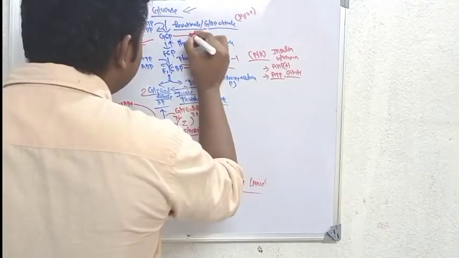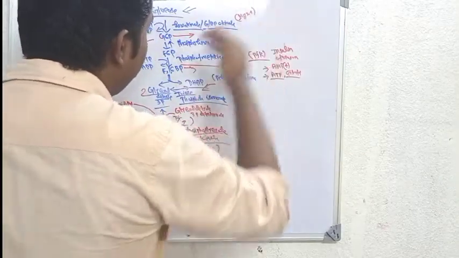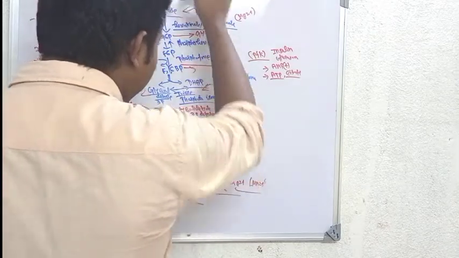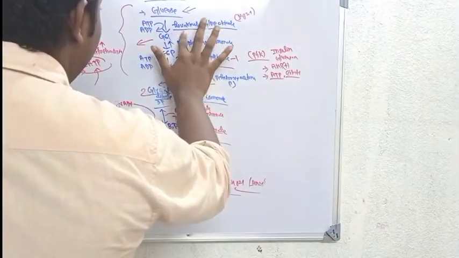This glucose 6-phosphate goes on to different pathways like glycogenesis, glycogenolysis, and gluconeogenesis also.